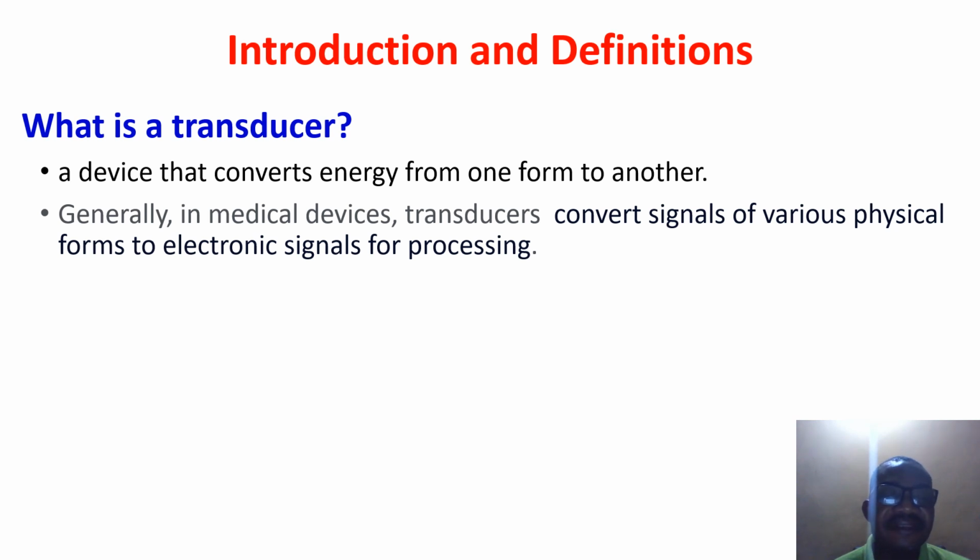So, what is a transducer? A transducer is a device that converts energy from one form to another. So, when energy enters a device and is converted from one form to another, that is a transducer. Generally in medical devices, transducers convert signals of various physical forms to electronic signals for further processing.